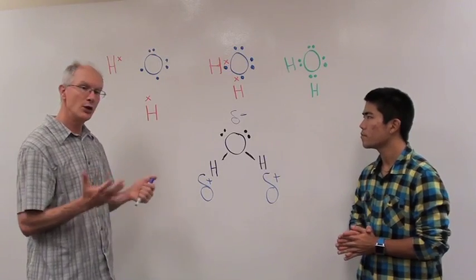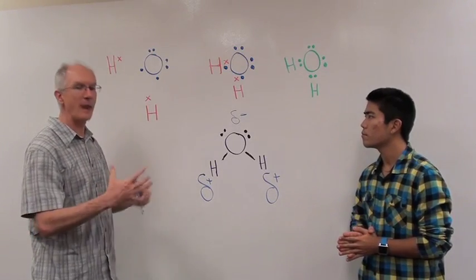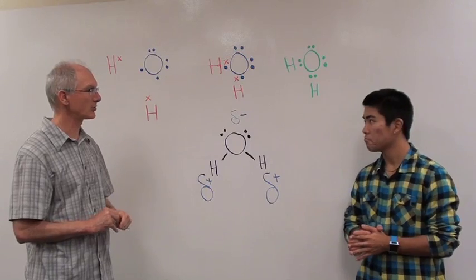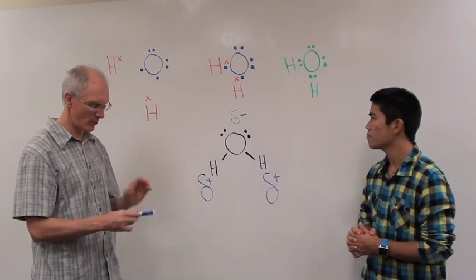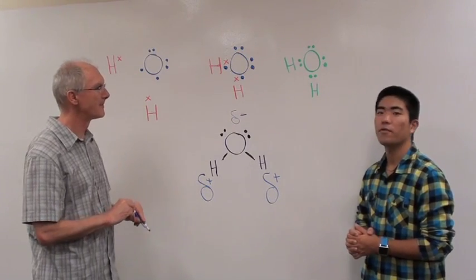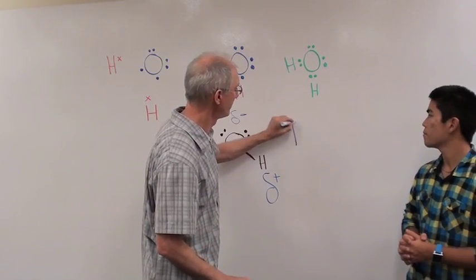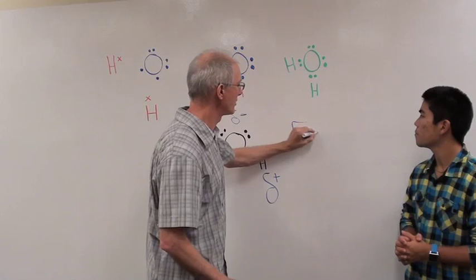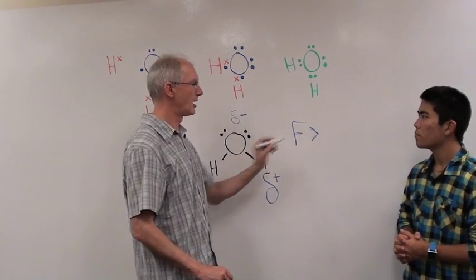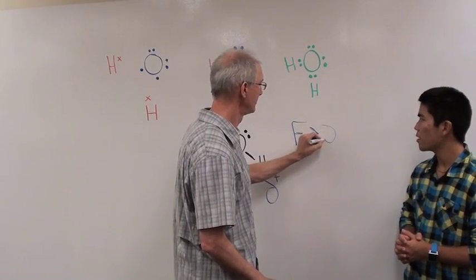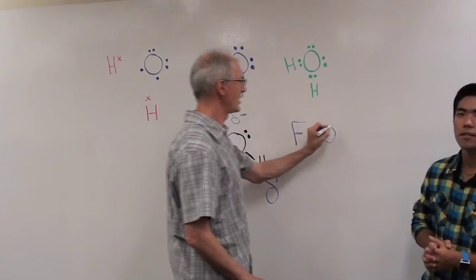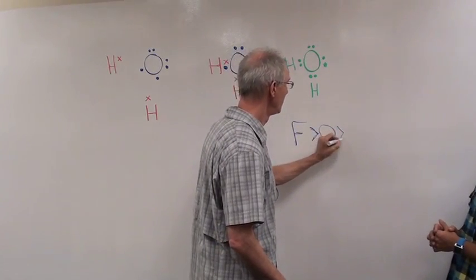And so we should probably know the top few atoms in their electronegativities. What's the most electronegative element? That would be fluorine. And so fluorine is the most electronegative, and that's greater than oxygen, and that's greater than nitrogen.